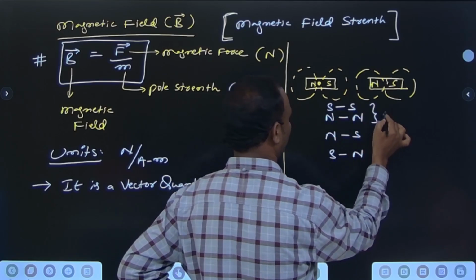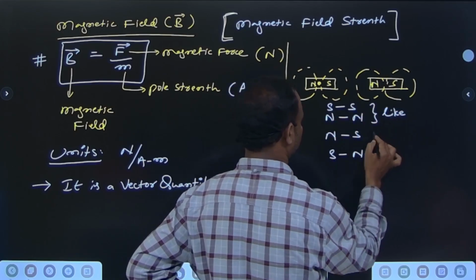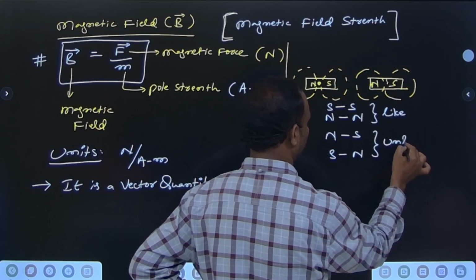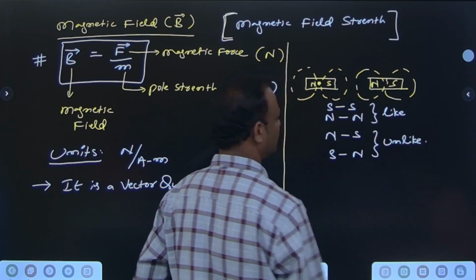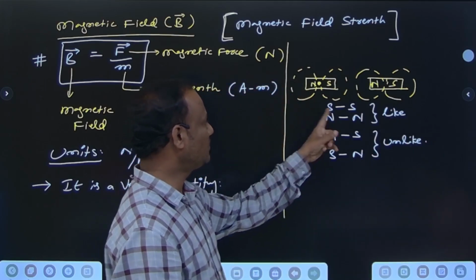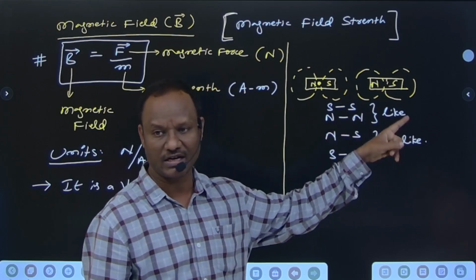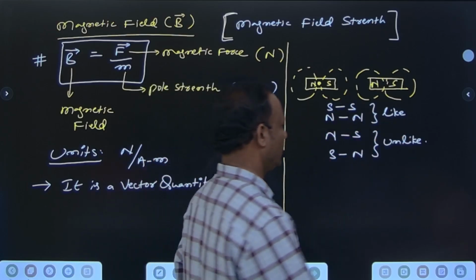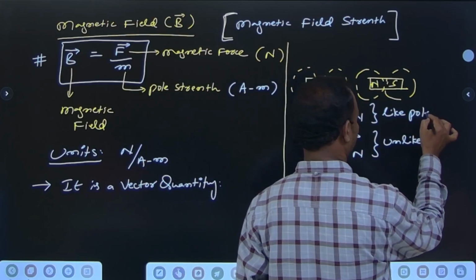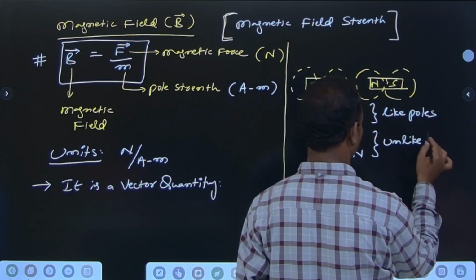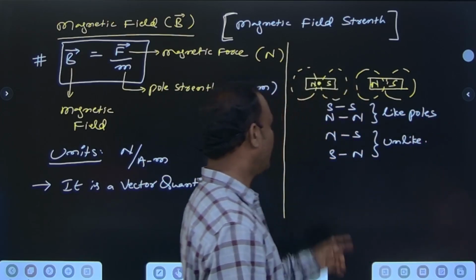These two are called what? Like poles. These two are called unlike poles. Like poles are repelled or attracted? Repelled. So unlike poles are attracted.